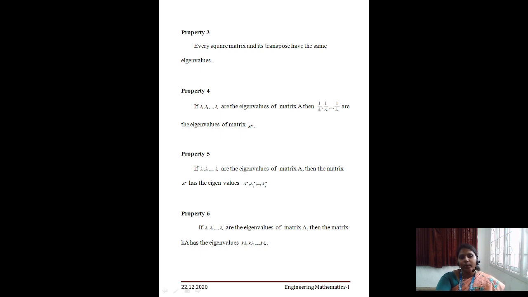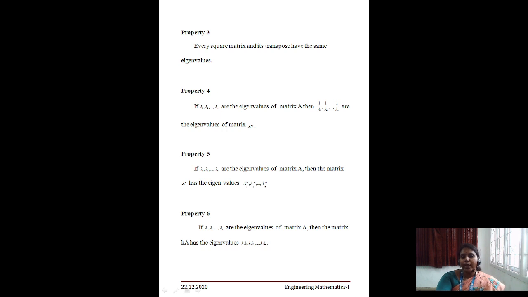And next, property 4. If lambda 1, lambda 2, etc., lambda n are the eigenvalues of a matrix A, then 1 by lambda 1, 1 by lambda 2, etc., 1 by lambda n are the eigenvalues of the matrix A inverse.